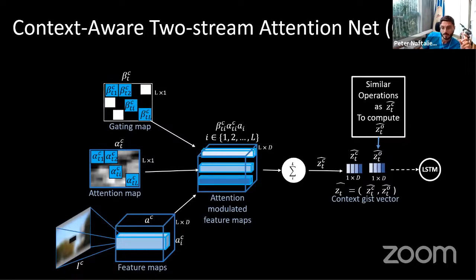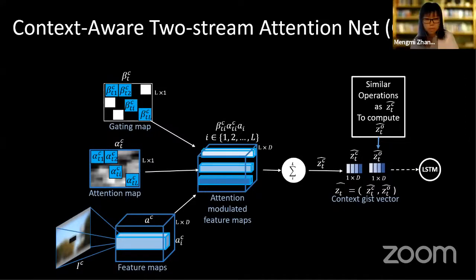What is that sigma and ZT there? Like the white circle after the concatenation of all the vectors together? Basically, once you get the attention-modulated feature map, you have L locations, right?